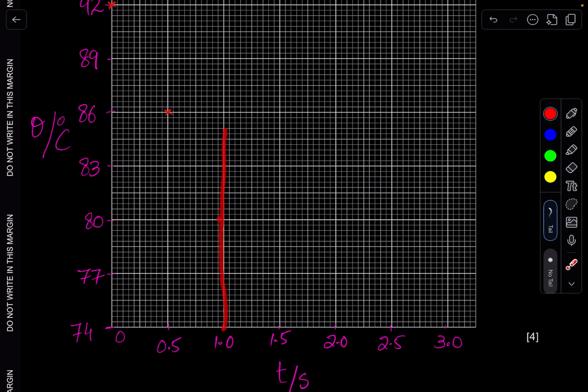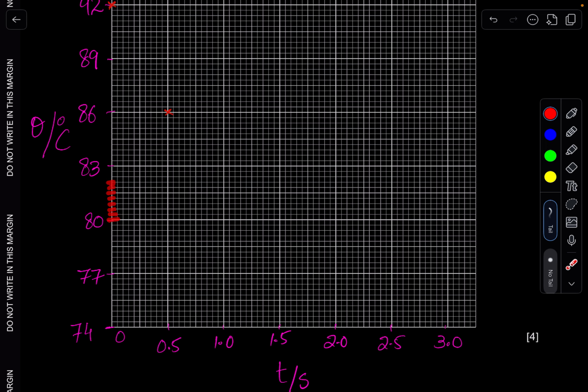Each big box, from this to this, is 3. So each small box is representing 3 by 10, that is 0.3, right? So I have to look for the 82. Between this is 80, it's 80.3, 80.6, 80.9, and so on, up to 82.